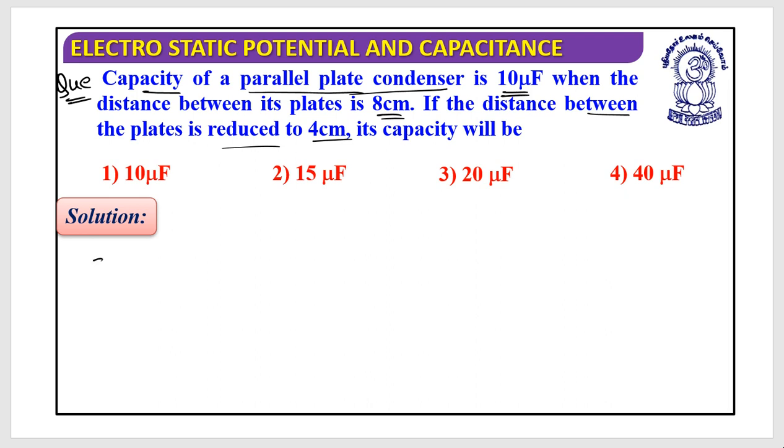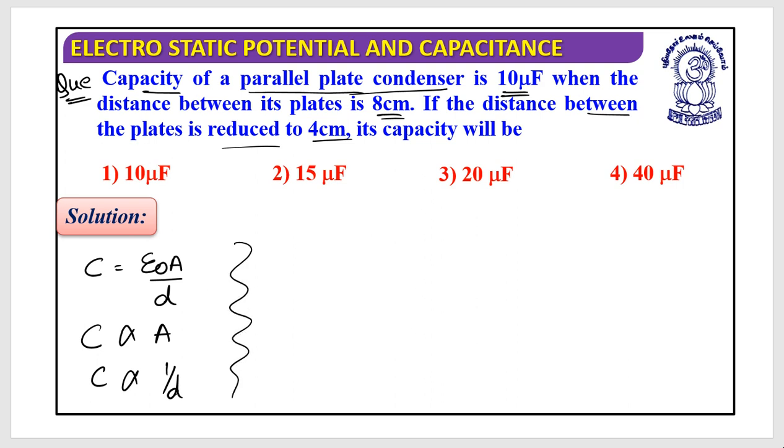So I know that formula for parallel plate capacitor is C is equals to epsilon naught A by D. So C is directly proportional to the A, as well as C is inversely proportional to the D. Here the cross sectional area of the plates remains the same because they have not provided any data with this.